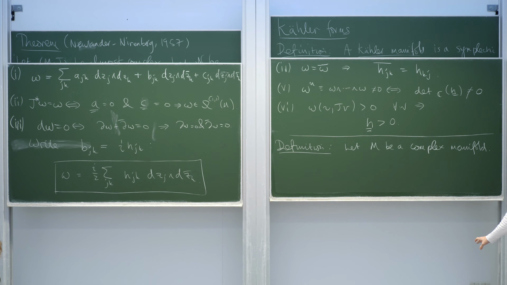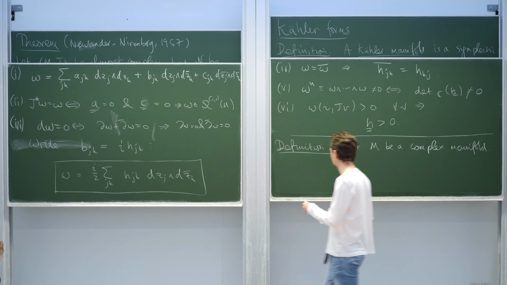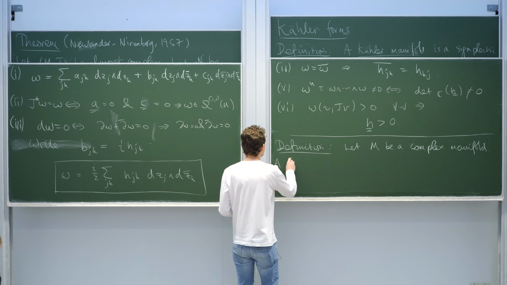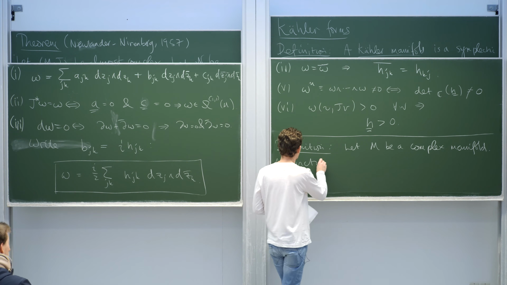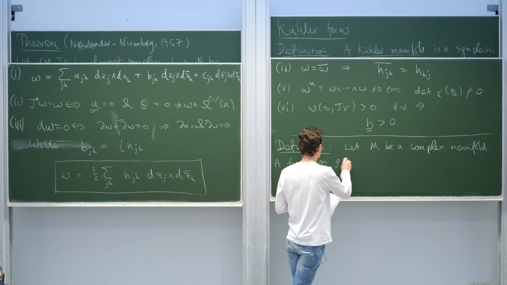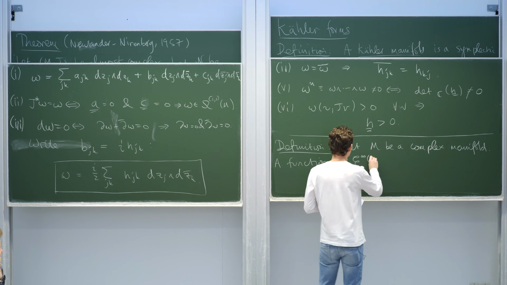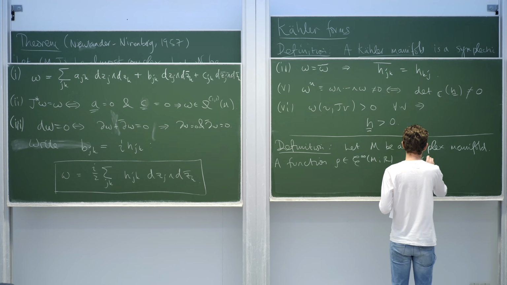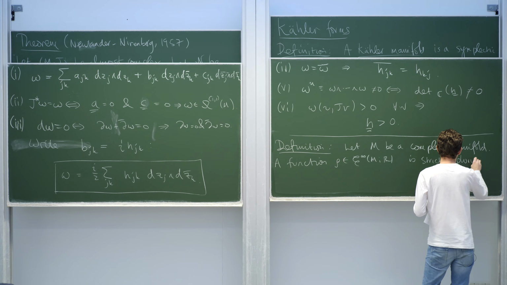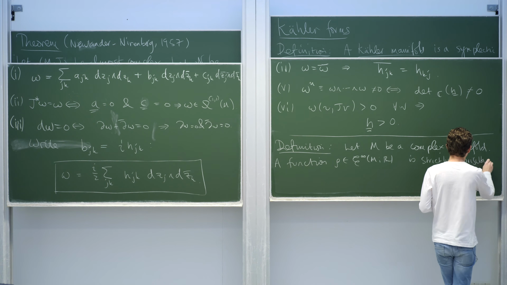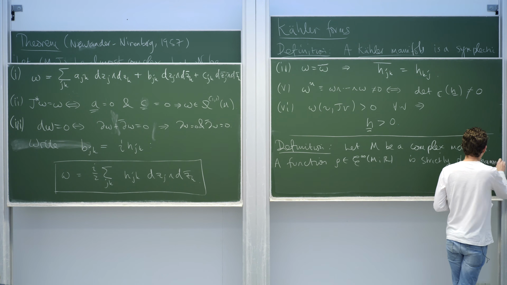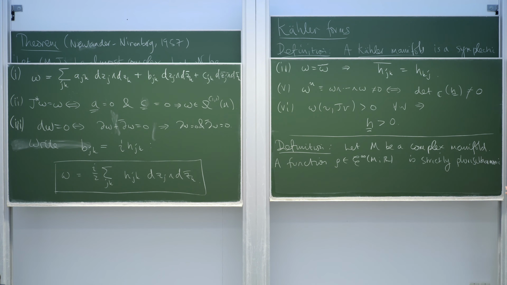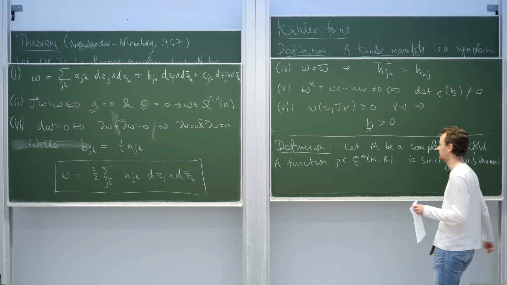How can we construct Kähler 2 forms? Well, here's a nice way. If you take a real valued function on your manifold and differentiate it enough times, you'll get something with the right number of components to give you a Kähler form.